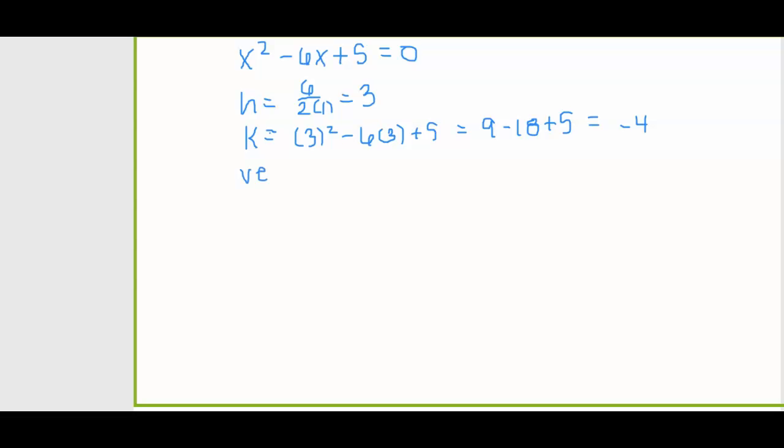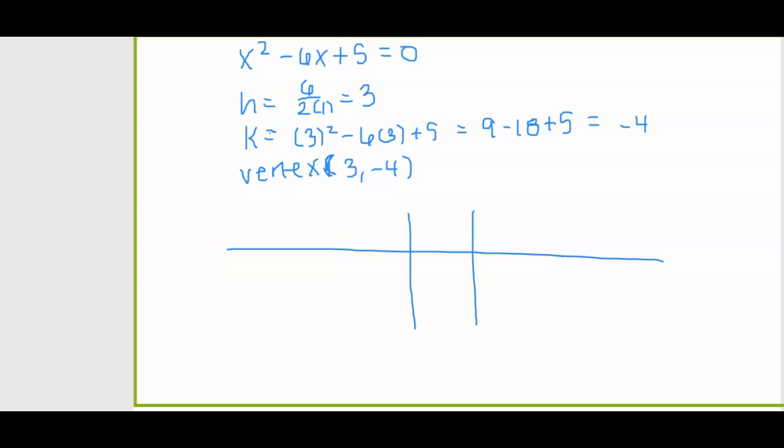That represents your vertex. So my vertex is at 3, -4. In order to get a table of values, you would put your vertex in the middle. And then you're still applying your x plus h, y equals a plus k. It's just that you're looking at it turned sideways.